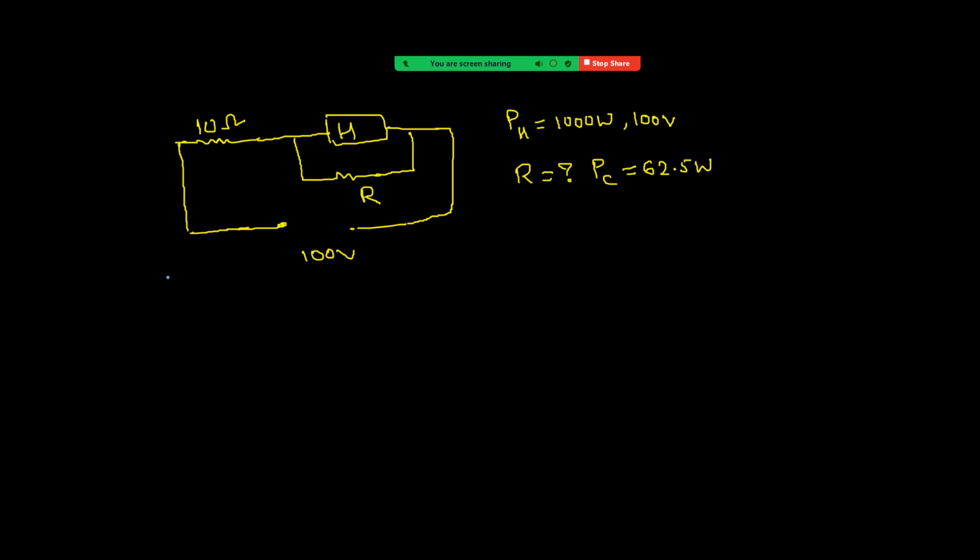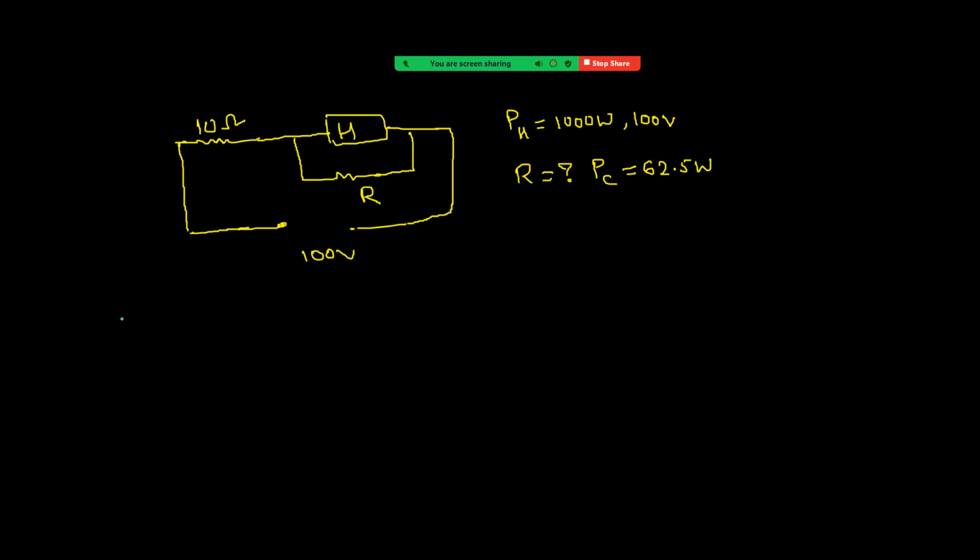Right. Now we can see first of all what is the condition here. Resistance is at 10. First I'm calculating here for what value of voltage across this combination its power will be 62.5. Okay. So first of all I'm calculating here the resistance of the heater.